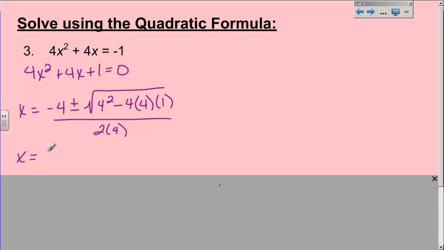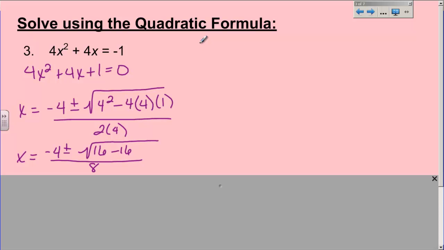So x equals negative 4 plus or minus the square root of, well, this becomes 16. And then negative 4 times 4 is negative 16. Times 1 is still negative 16. All over 8. Excuse me. Well, 16 minus 16 is 0.